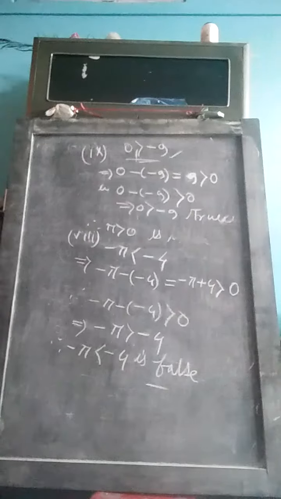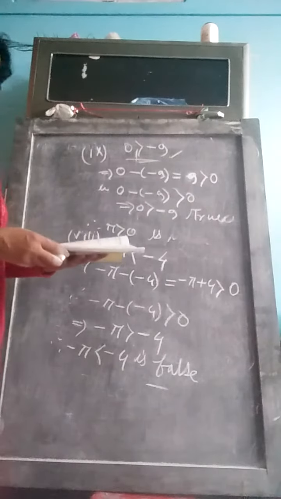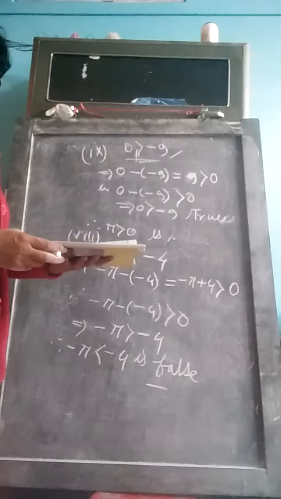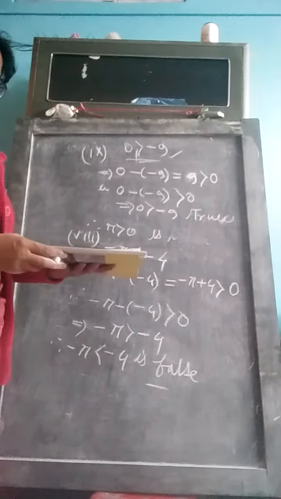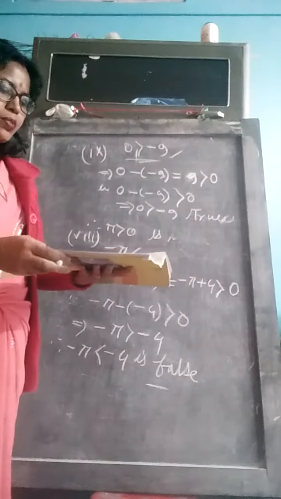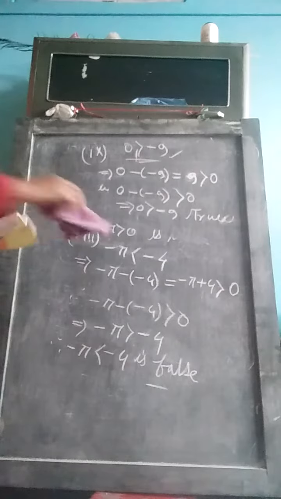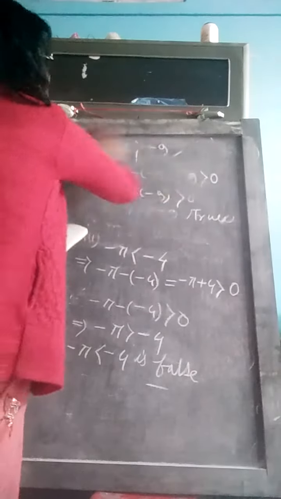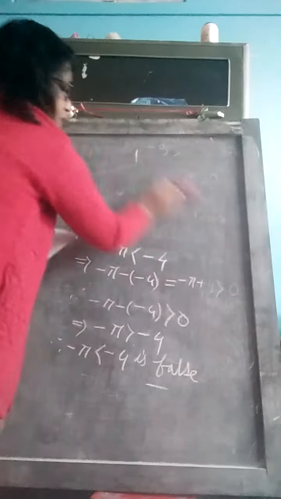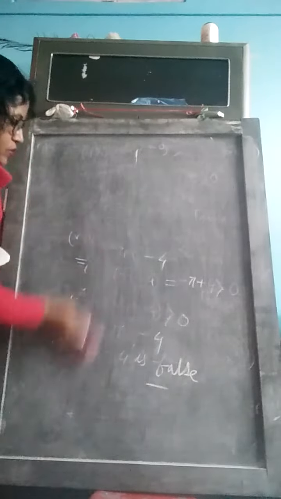Then what is question number 10? Root 3 plus root 2 is greater than root 7 plus root 5. How can we prove this? Students, do you know the value of root 3?